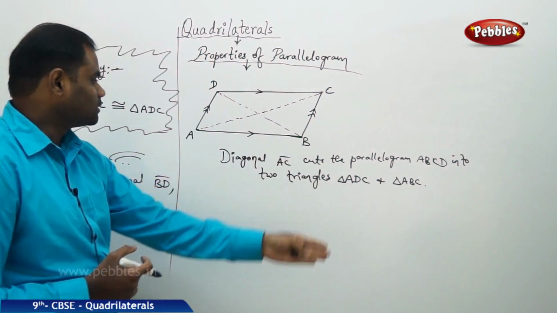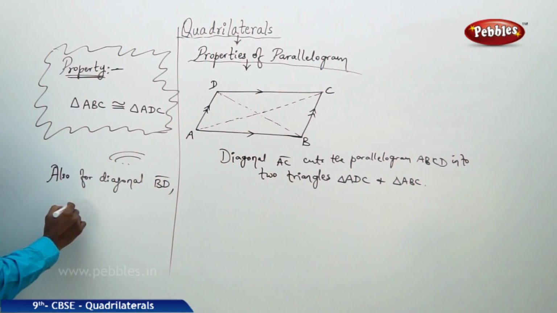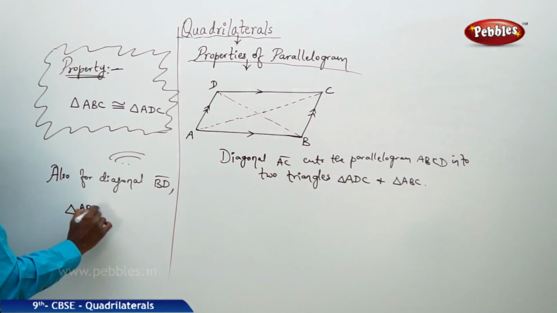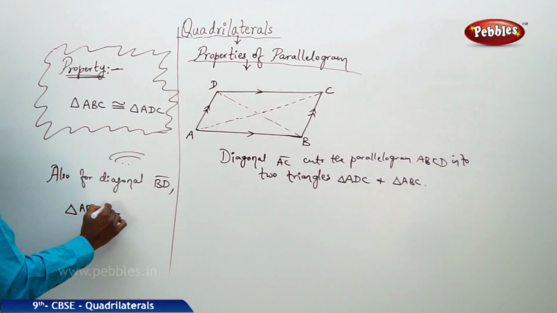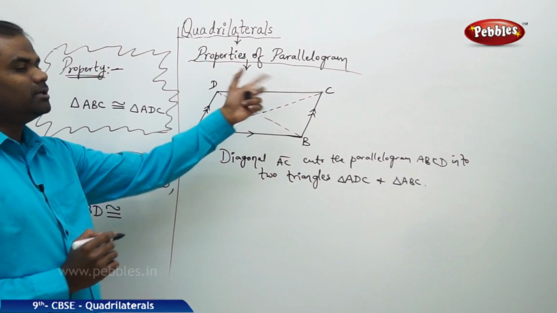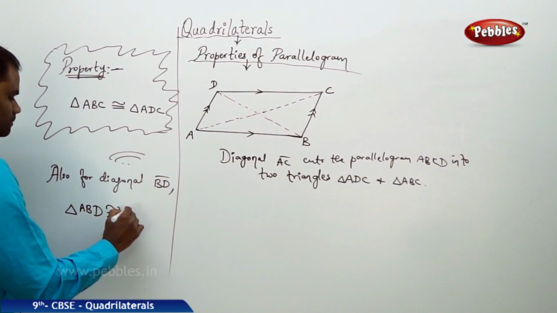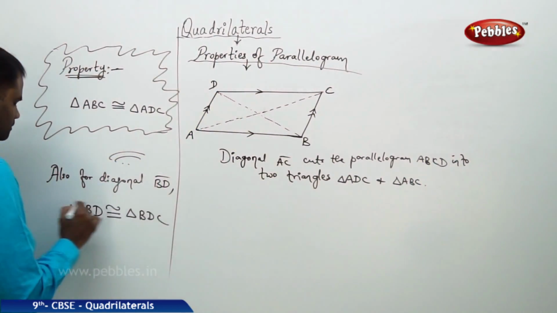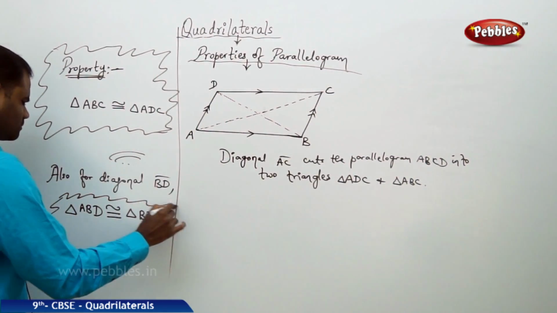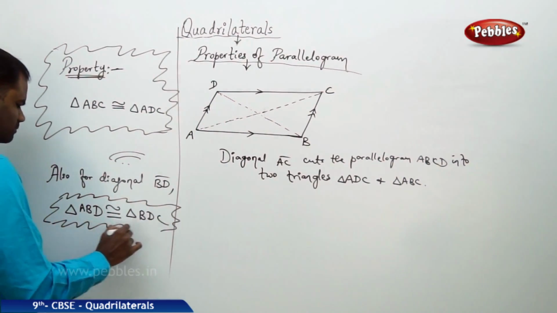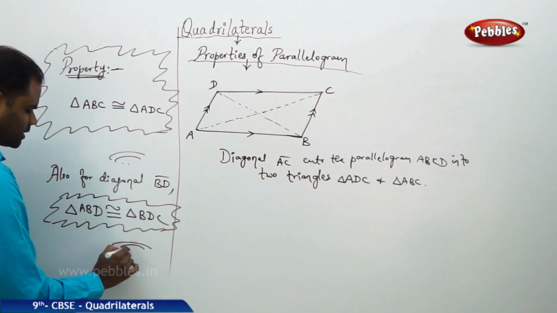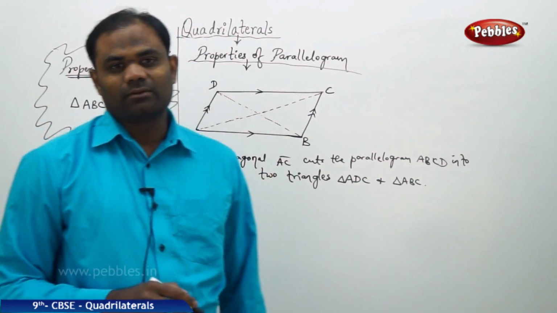If I take the second diagonal, triangle ABD is also congruent to triangle BDC. This is how we understand the property of a parallelogram.